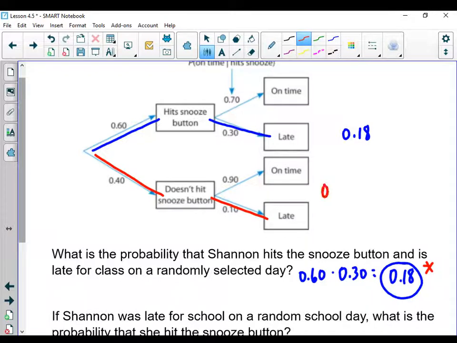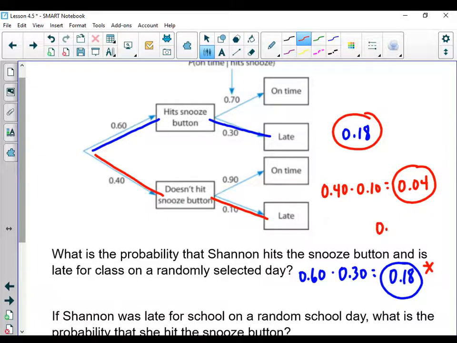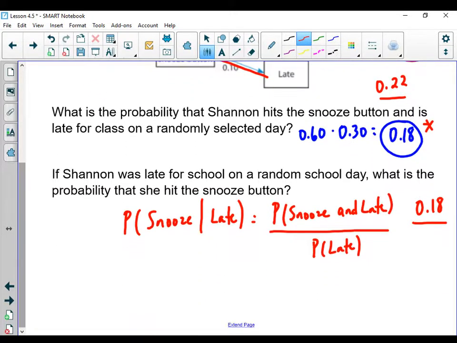If I took the first branch of 0.4 times the second branch of 0.1, I end up with 0.04. So there's two different ways that she could have been late. The 0.18 and the 0.04. So I'm going to put those together. And so the probability for being late would be 0.22. That's what I'm going to divide by.